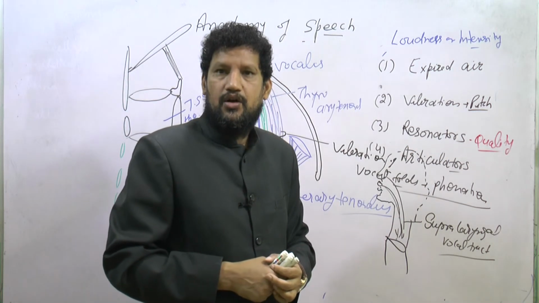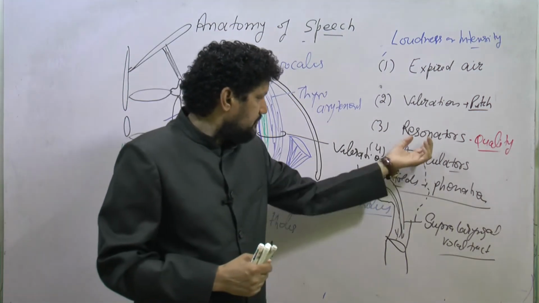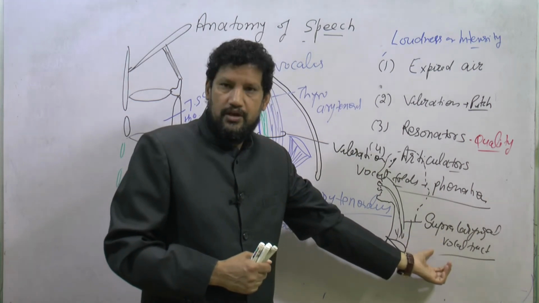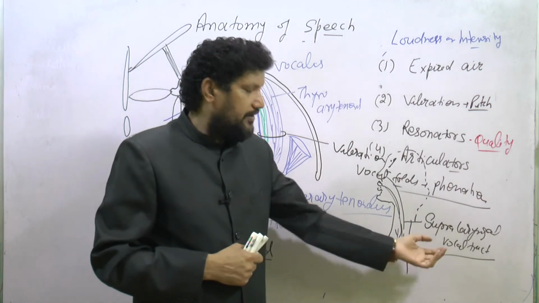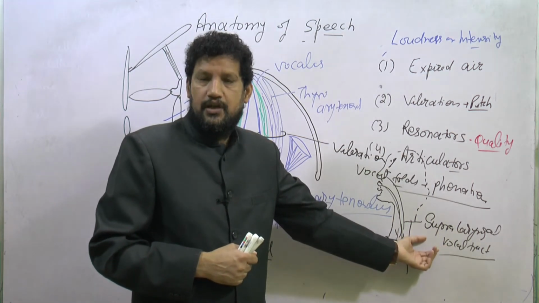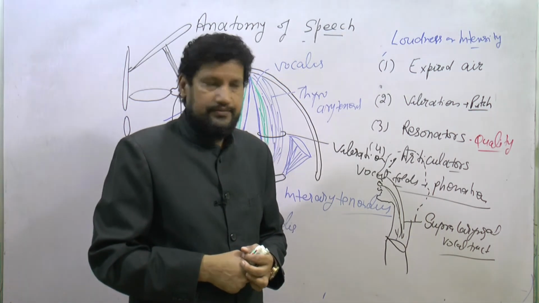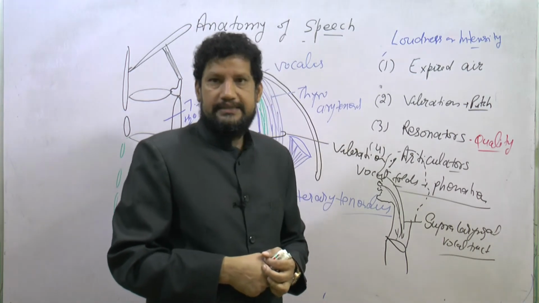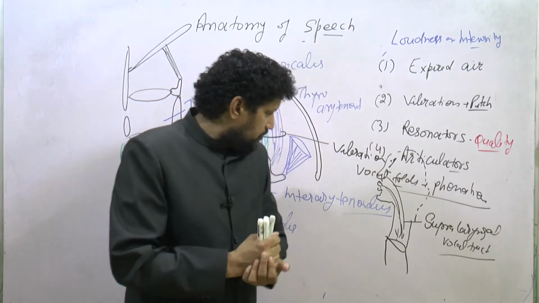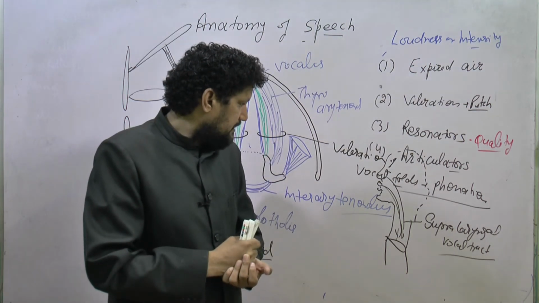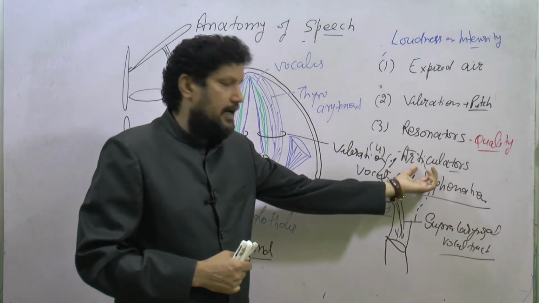The supralaryngeal tract is acting as an amplifier and modifier of the sound. We can compare this supralaryngeal tract to a megaphone, which also amplifies and modifies the sound. So unvoiced speech sounds are produced by the resonators and articulators.